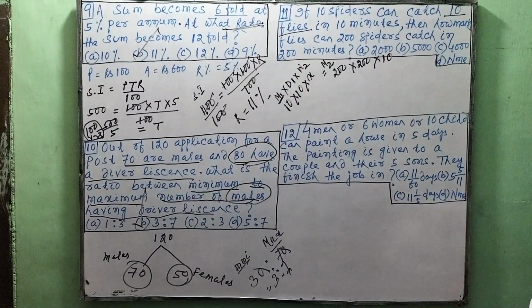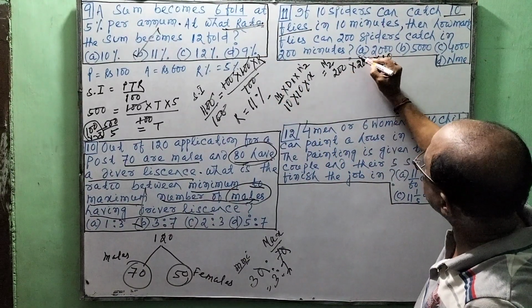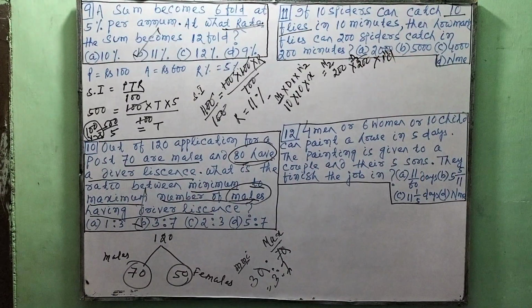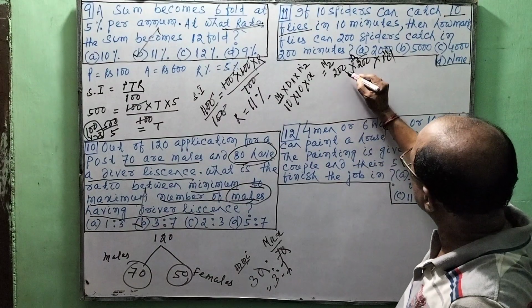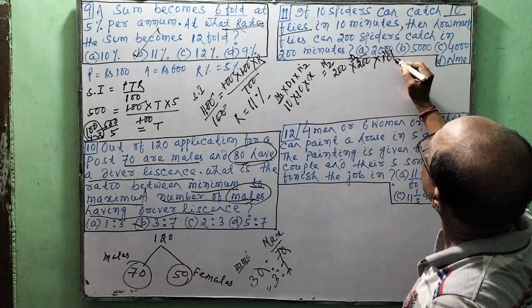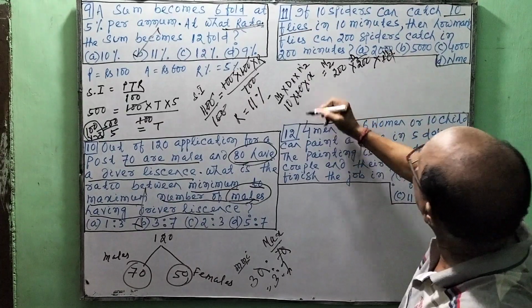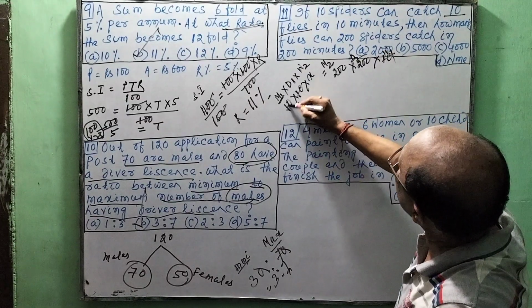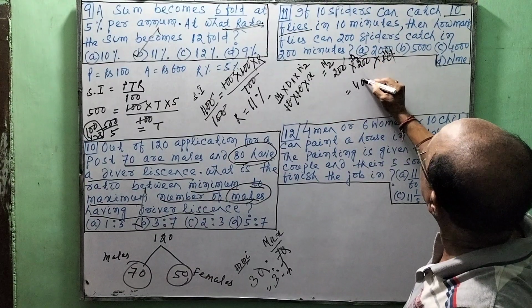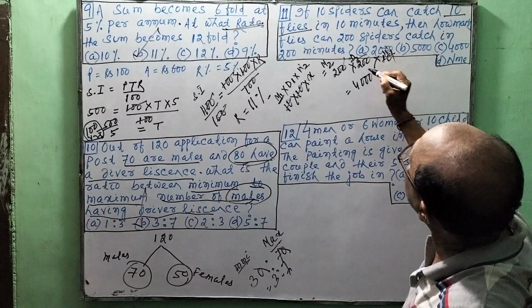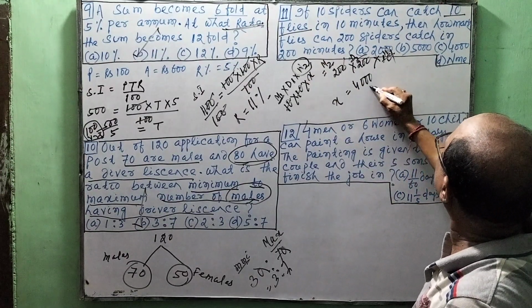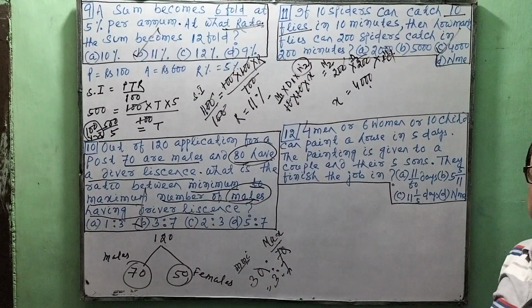So this is the equation. Here X, it is 10, 10, 10, cancelled. So W2 is 4,000. So the answer is 4,000, right?